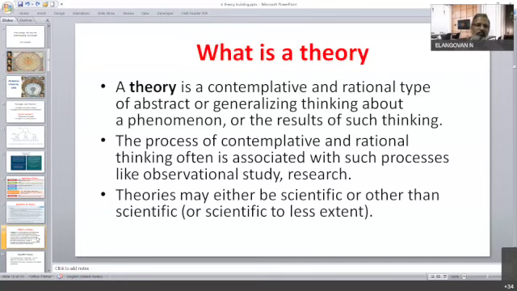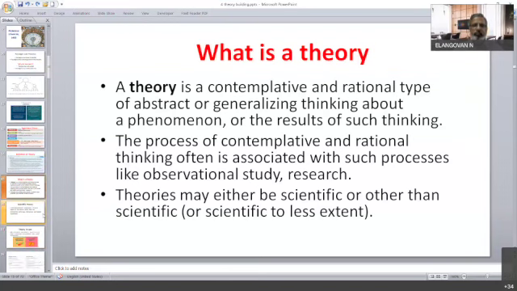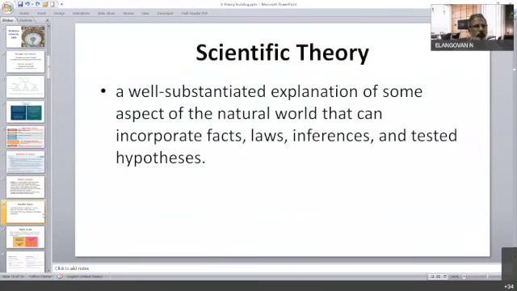Theories may be scientific or non-scientific. That's why our social science also has a lot of theories. The difference between a social science theory and a scientific theory is that scientific theories are well tested, repeatable, verifiable, universal, and very much objective.